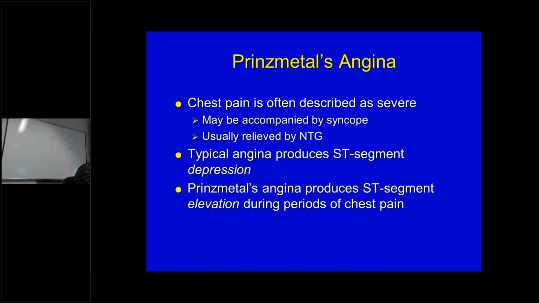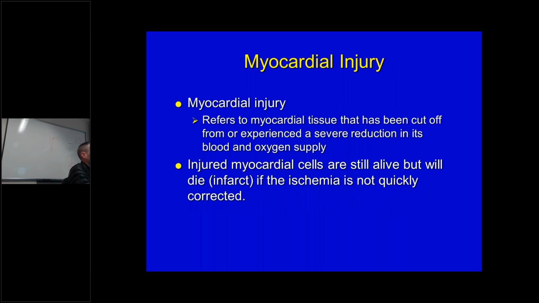Your Prinzmetal angina symptoms would be over before the medication ever started to work anyway. But in general, the heart's smooth muscle tissue works a little bit differently as well. But yeah, you can have ST segment changes during this because you don't have enough blood supply when it's spasming down, right?